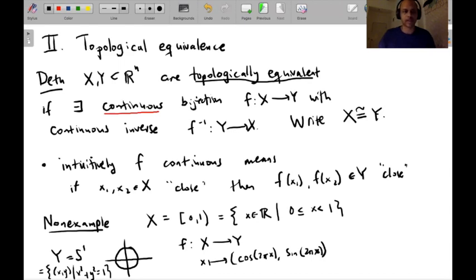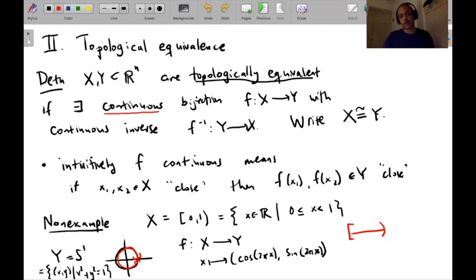Okay, so it sends this interval into the circle in the following way. 0 goes to the point (1, 0), and it wraps this interval around the circle exactly once. And as you approach this endpoint, the value approaches (1, 0).